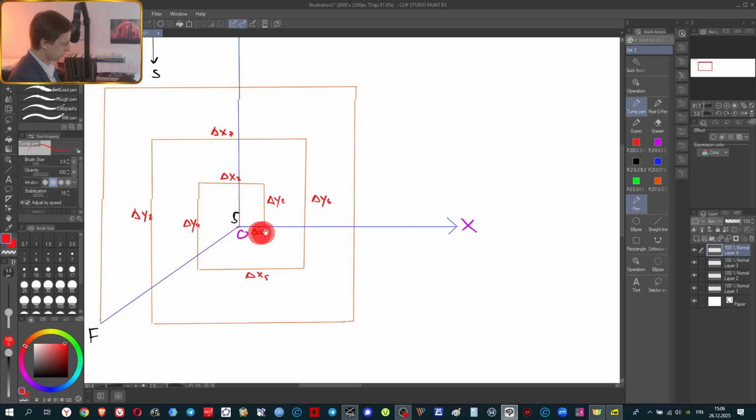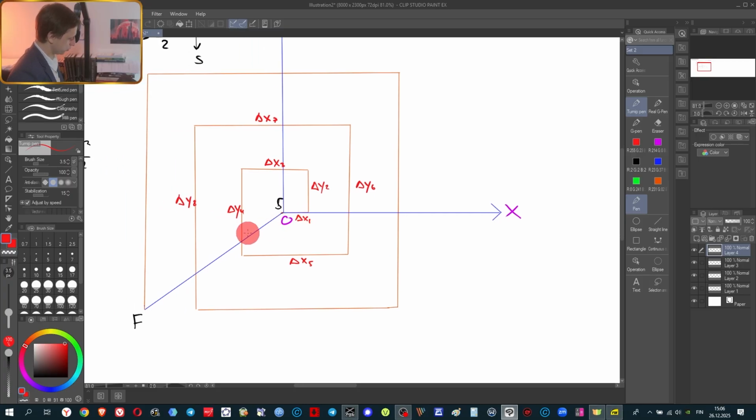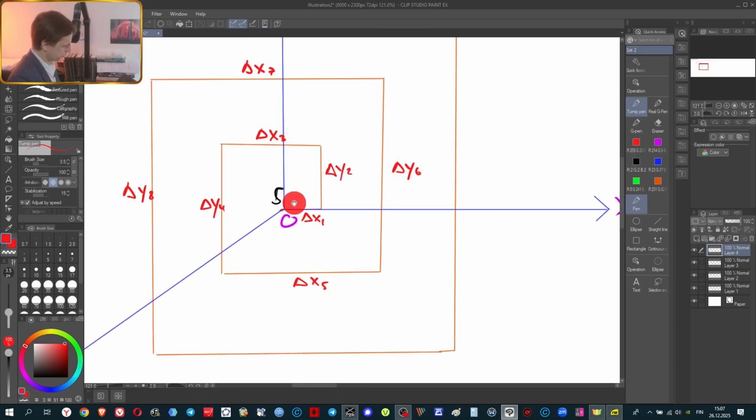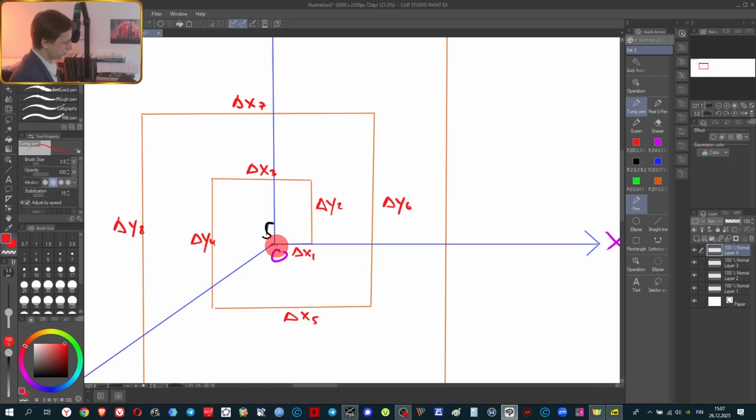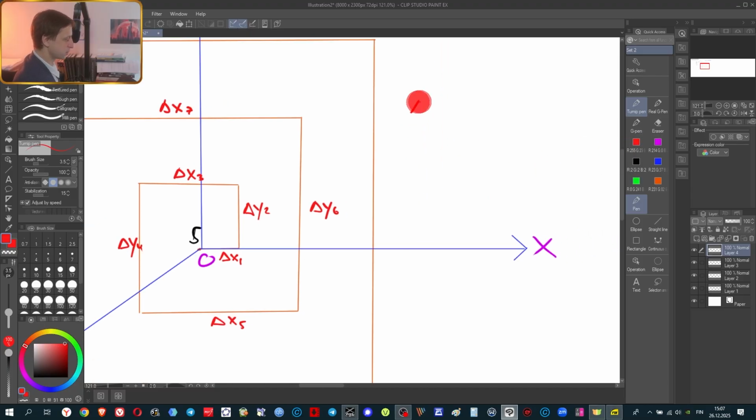Let's understand how to calculate the total displacement, for example, with respect to x. At first, we go delta x1 to the right, and after a while, we go delta x3 to the left. So the total displacement is delta x1 to the right with a plus sign, minus delta x3 to the left.